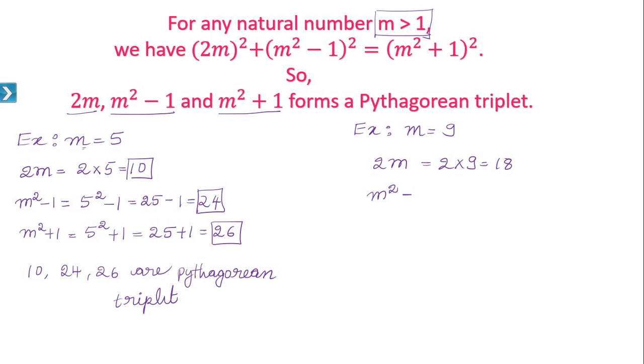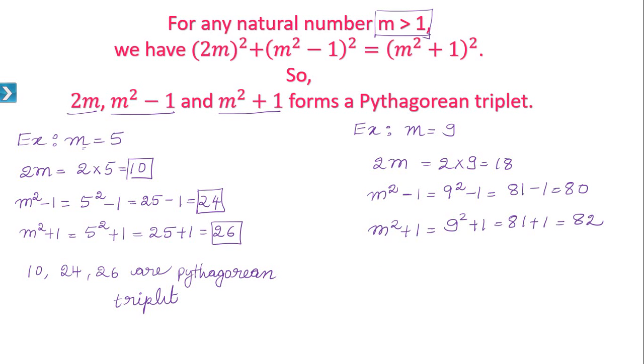The next number of the Pythagorean triplet is m square minus 1, that is 9 square minus 1, that is 81 minus 1, that is 80. And the next number is m square plus 1, that is 9 square plus 1, 81 plus 1, that is 82.